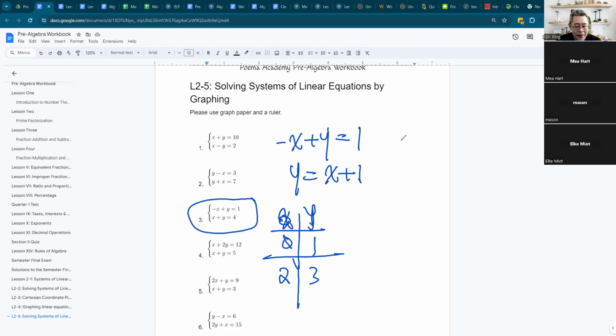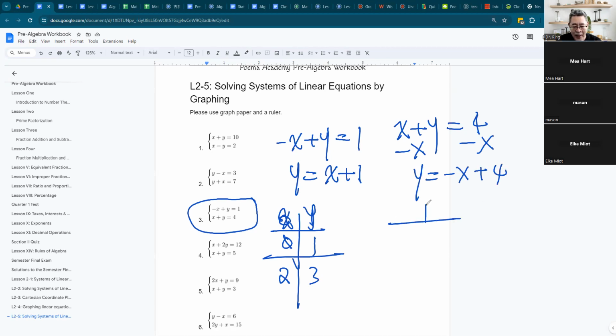And the other one is x plus y equal to 4. So minus x on both sides. Then y is minus x plus 4. So we can have x, y, 0, 4. That can make 4. Negative 0 plus 4 is 4. So I'm trying to make that a little bit have some distance between the 2 points.